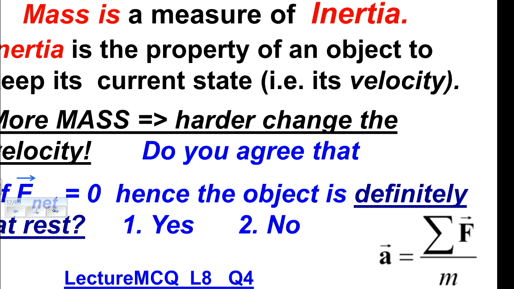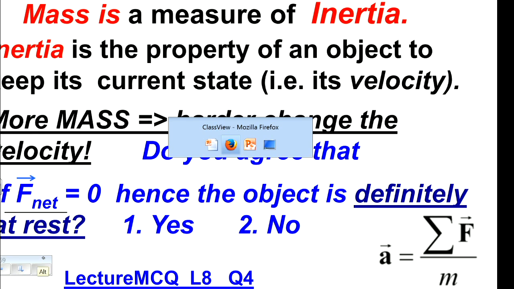I want to ask you this question, please. What do you think? There is a statement, and you should choose agree or disagree. Do you agree with this statement? If net force equals 0, the object is definitely at rest. And this I want to check.